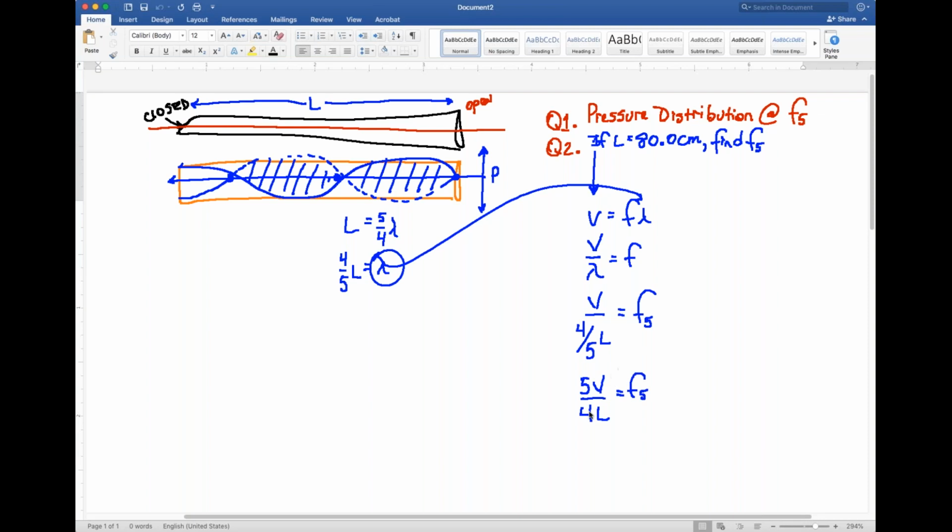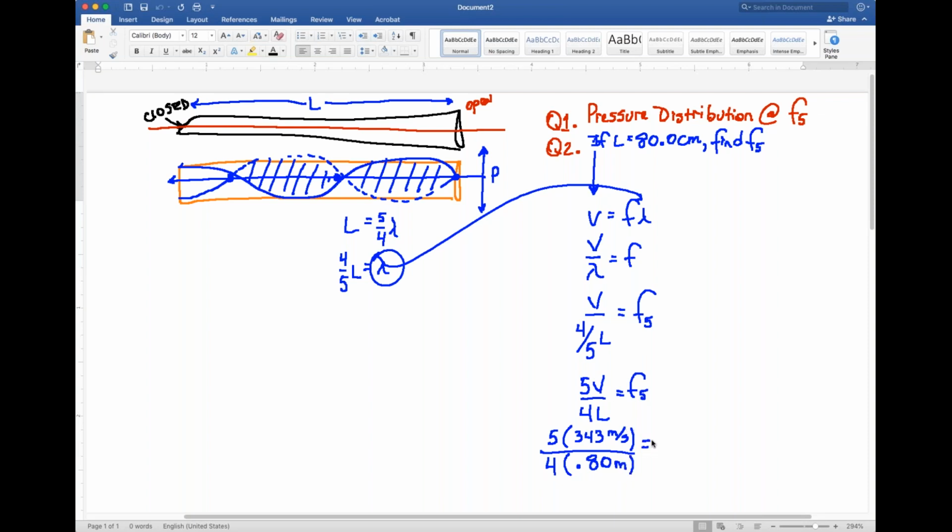Now I can substitute some numbers in. It's going to be 5 times 343 meters per second. I used the number 343 for 20 degrees Celsius, but you'd get a very similar answer if you use 340 meters per second. I'm going to divide it by 4 times the length of the tube, which I have to make sure is in meters so I don't have unit mismatch.